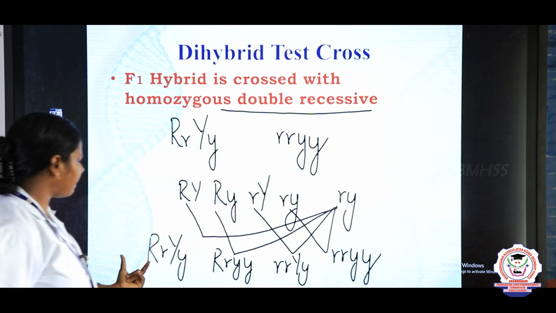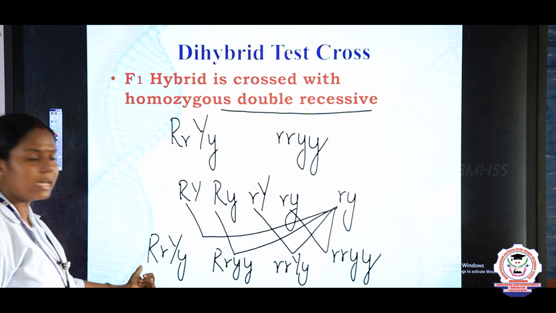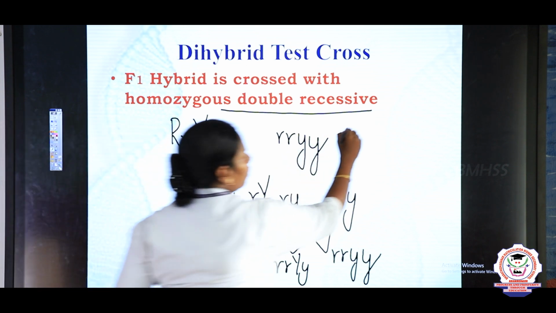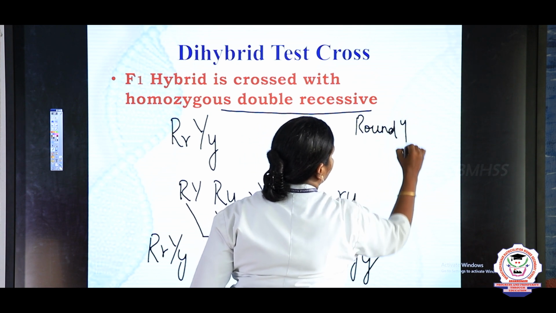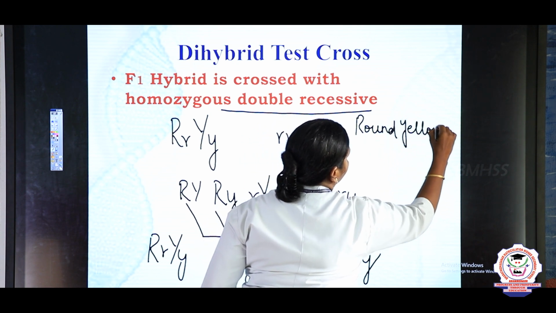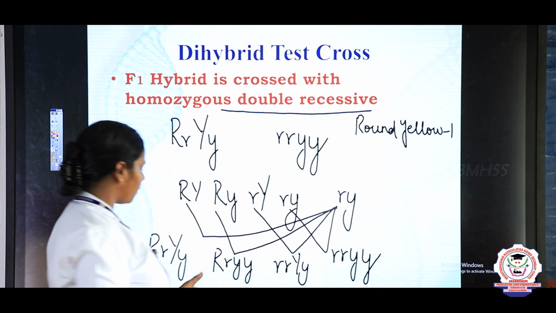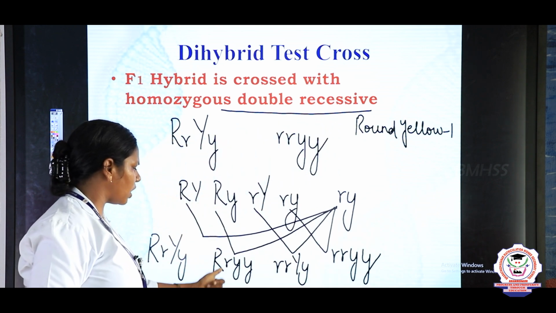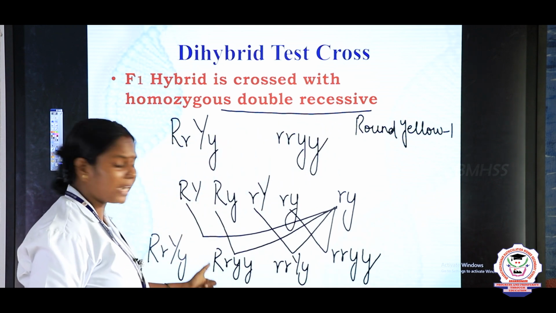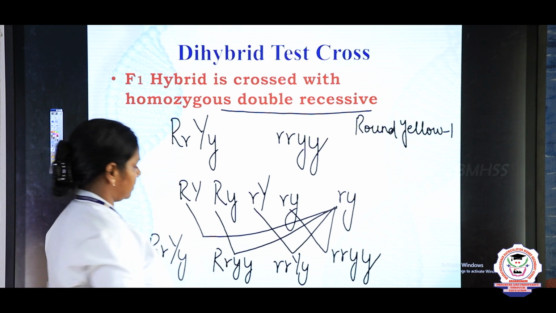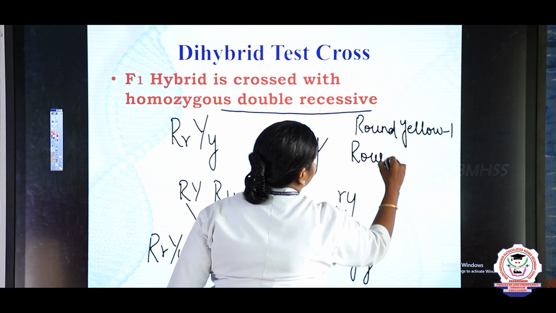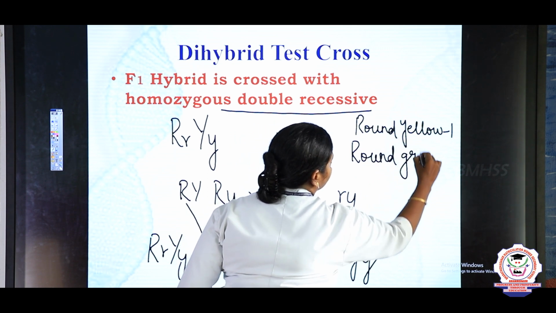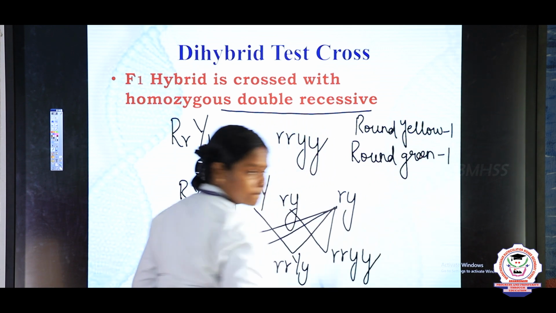Right? So capital R, capital Y is a round yellow. You get one round yellow. And capital R, small y, you get round green. Round green, you get 1.